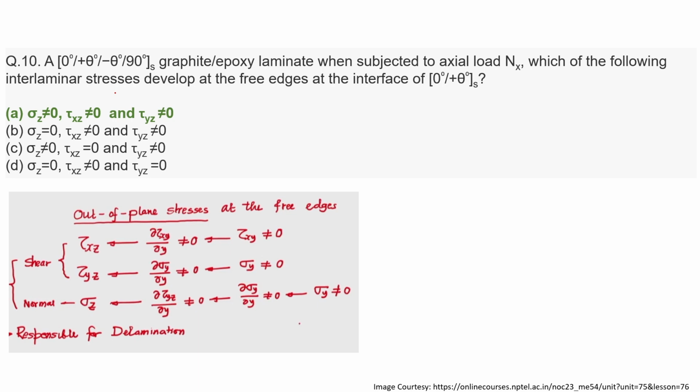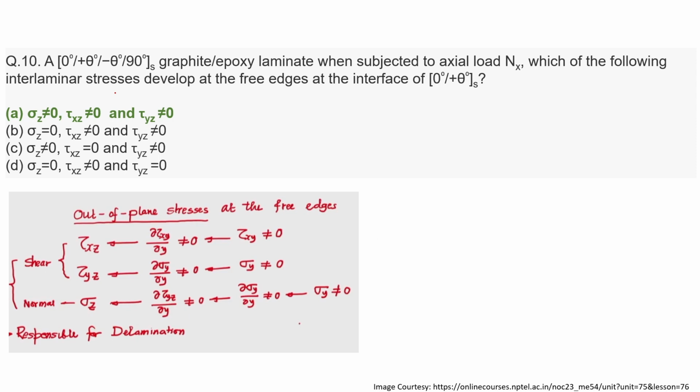As it has both the 0, 90 and plus minus theta, you will get the value of tau xy also. The tau xy value you will get because of the angles plus theta and minus theta, and the sigma y value you will get because of 0 and 90. So according to that, all the values which are required to get the interlaminar stresses we will get.